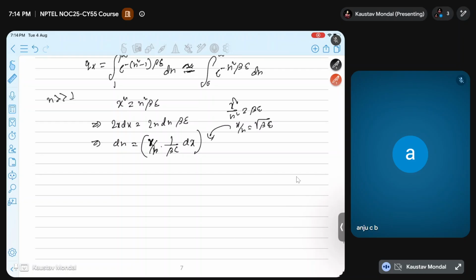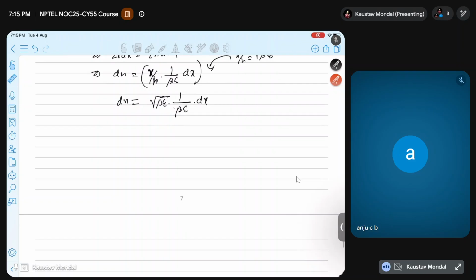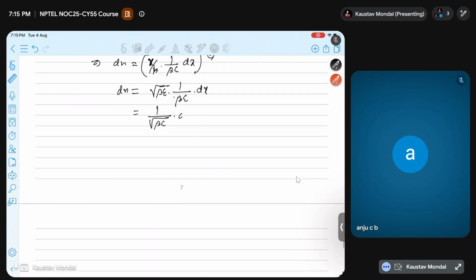Substitute it here, so x by n into 1 by beta e becomes square root of beta e into 1 by beta e into dx. So dn will become 1 by square root of beta e dx.